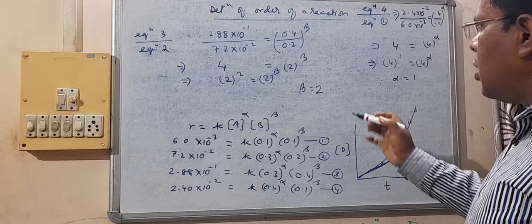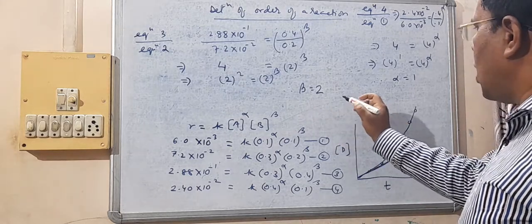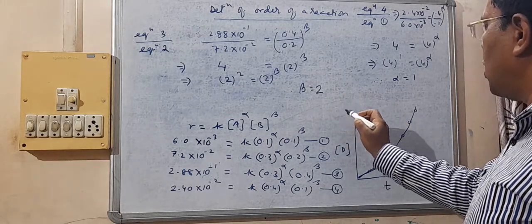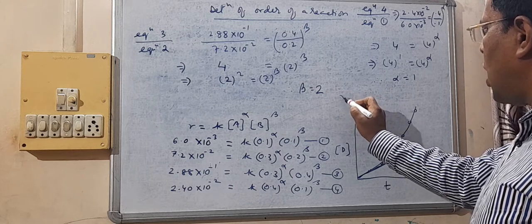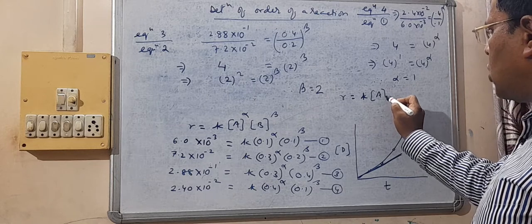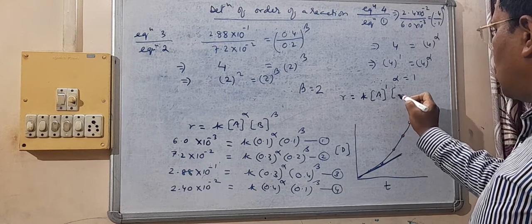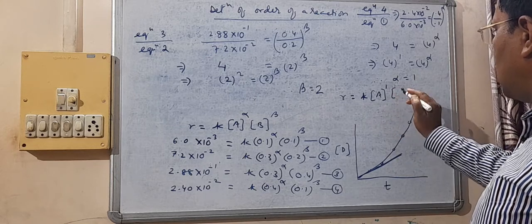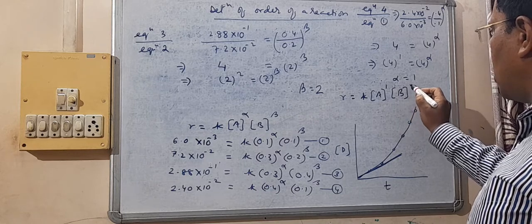So the rate law expression that we were trying to find out is R is equal to K A to the power 1 B to the power 2.